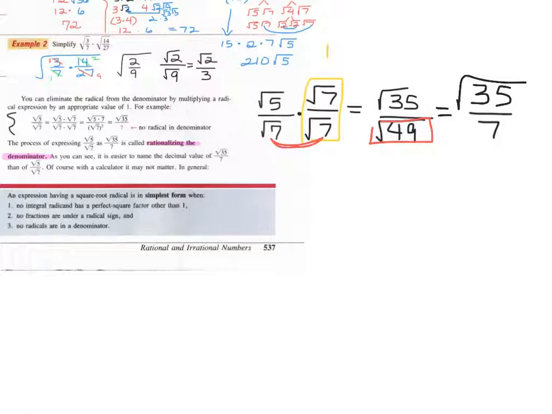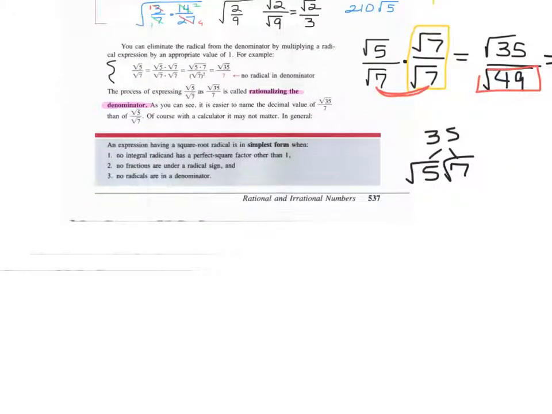It is not a perfect square because, again, the factors of 35 are 5 times 7. I'm at prime numbers. There's no pairs, so I'm simplified. So whenever you multiply or work with square roots, you can never leave a radical in the bottom, and you're going to need to rationalize.